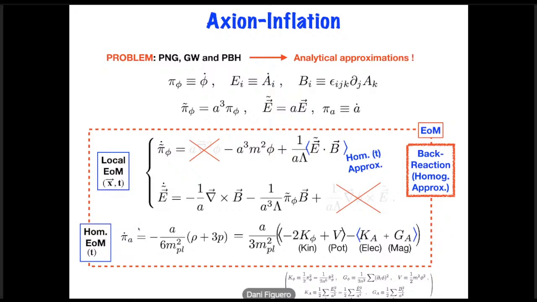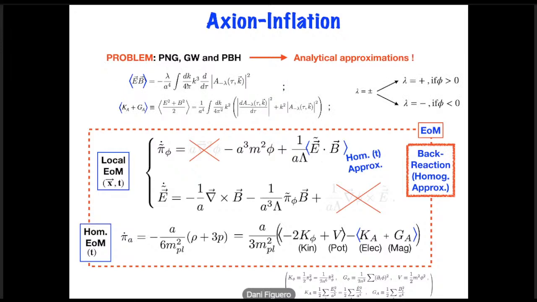In the case of the back reaction on the scale factor, this is correct because it is the homogeneous expectation value, if you want, of the electromagnetic energy density that contributes to the expanding background. But for the inflaton, this is just an approximation, taking the expectation value of E dot B. This expectation value can be expressed in terms of the spectrum of your gauge field mode functions.